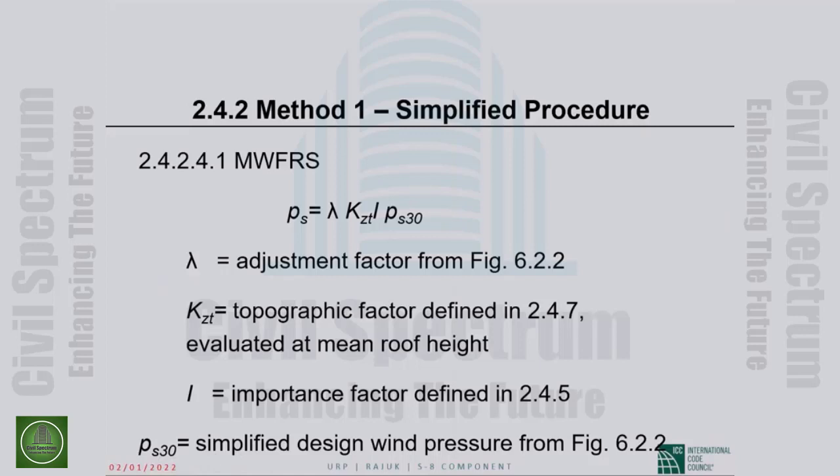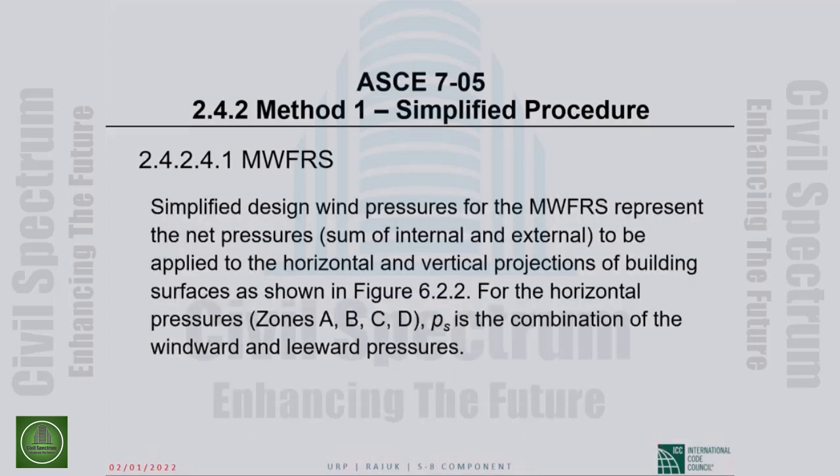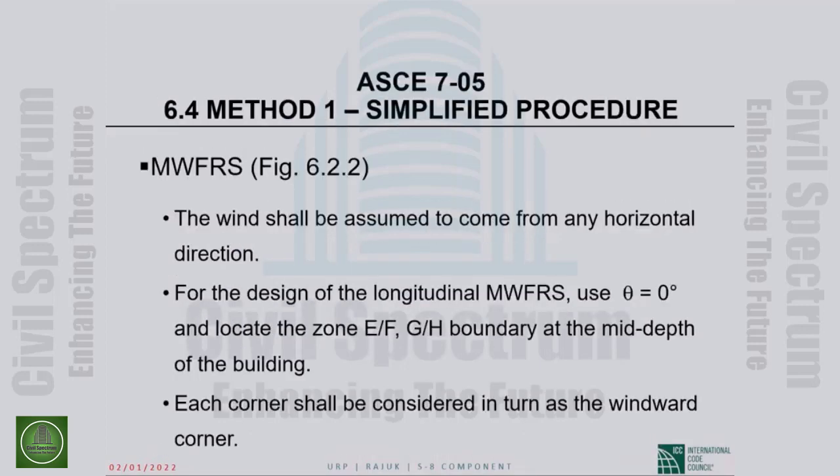If you're designing a hospital, it will be 1.15. Then the K sub ZT factor applies if the structure is not on level ground. If it is up on a hill, K sub ZT shall apply. And the gamma is a conversion factor, because this method, I'll show you where.